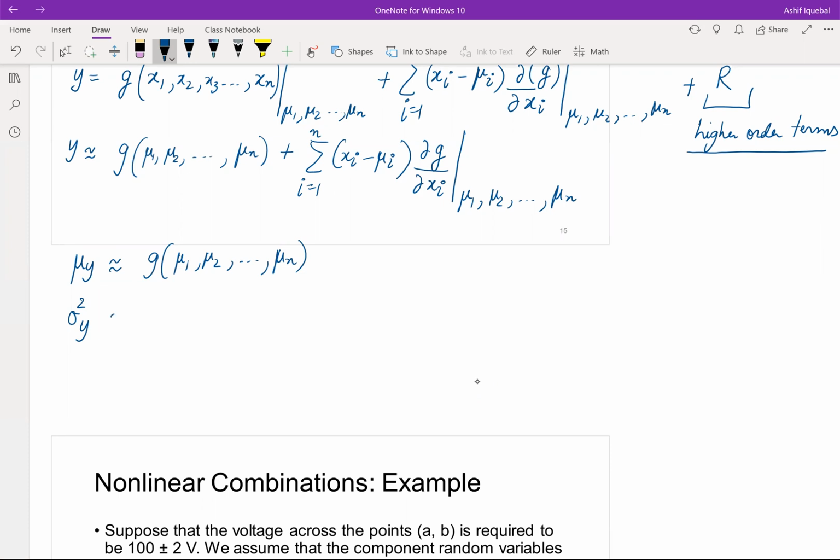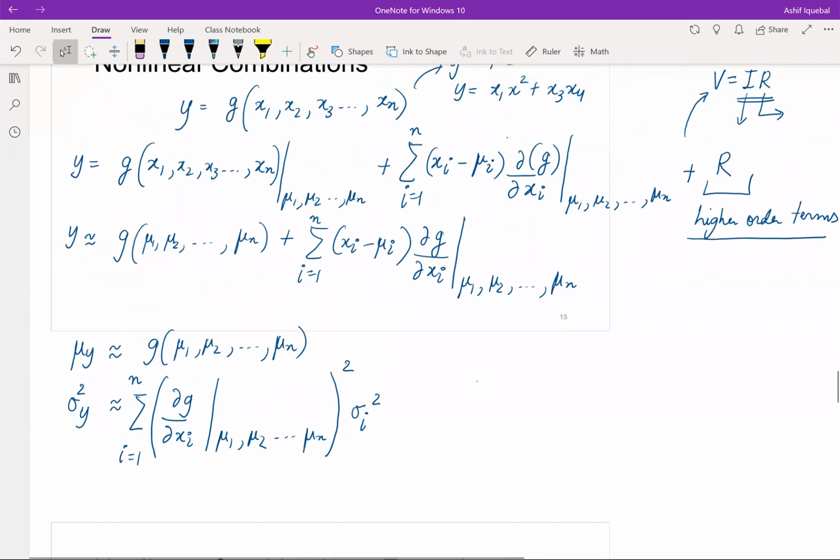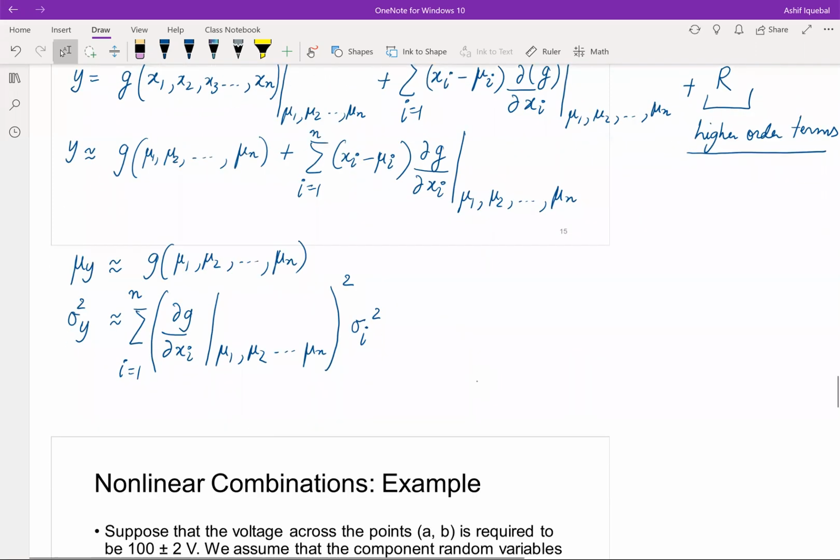Sigma square y will be equal to the sum from i equals 1 to n of the square of the derivative of g with respect to xi evaluated at mu1, mu2 up to mu n, times sigma i square. So this is the formula for the mean and the variance when a nonlinear combination is given to us.